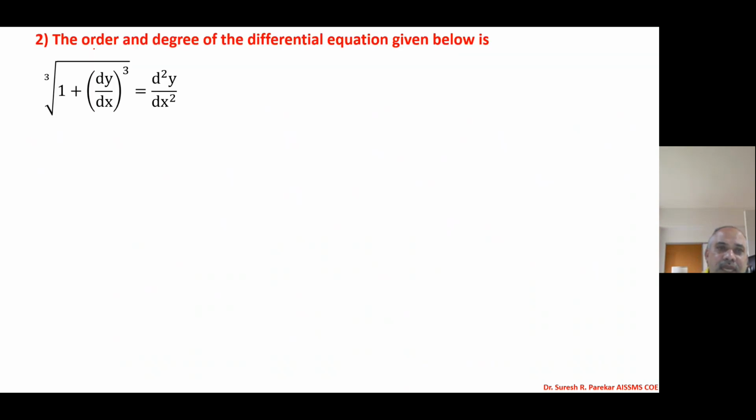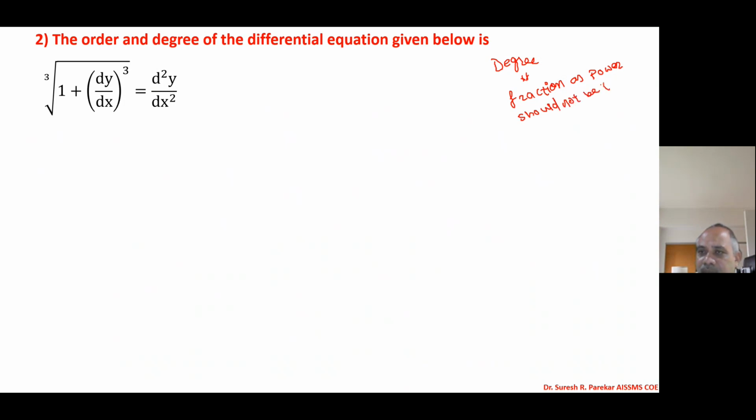Now we will go to the next: cube root of 1 plus (dy by dx) cube is equal to d2y by dx square. When we are going to find the degree, we should be very clear. We should not have a fraction as a power. Fractional powers are not allowed.